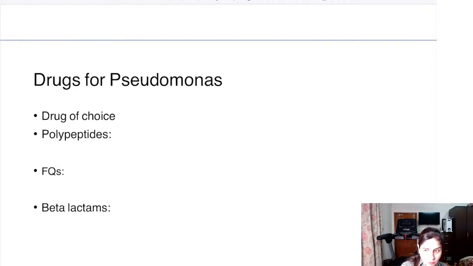We did cephalosporins just now. Which is the preferred drug of choice for pseudomonal infection? Ceftazidime. Okay, usually it is given along with an aminoglycoside. It's a drug of choice actually, ceftazidime, which can be given along with the aminoglycoside.